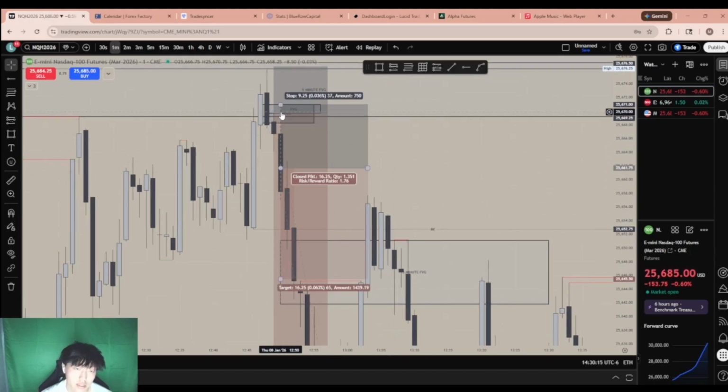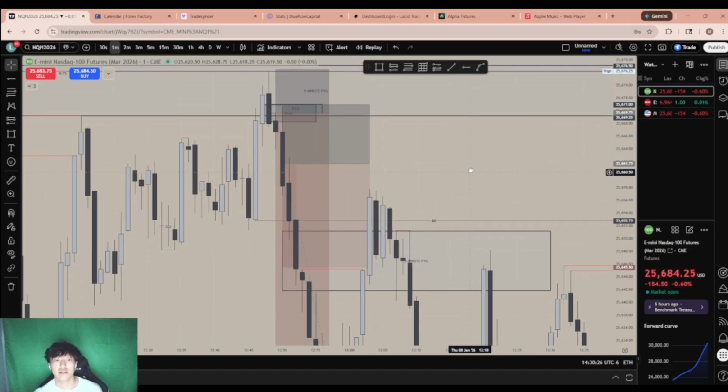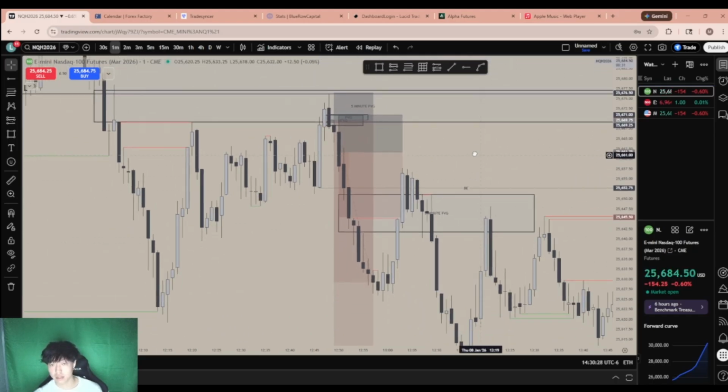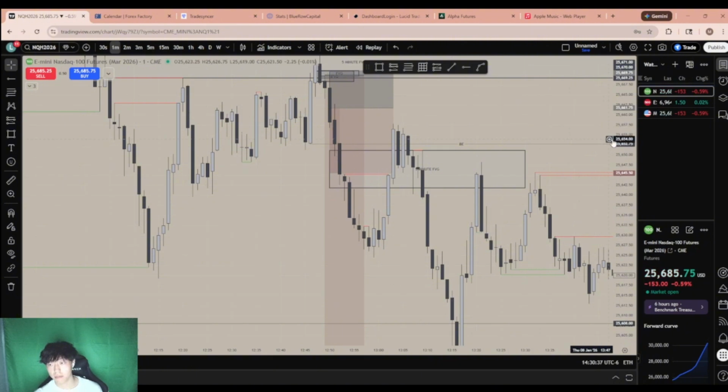This is a wick that manipulated, so it's a good stop too, because this manipulation leg would be protected. That's a protected stop. And if I entered up here, I'd honestly already be at break even, you know?